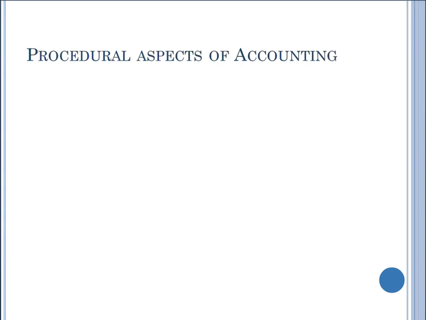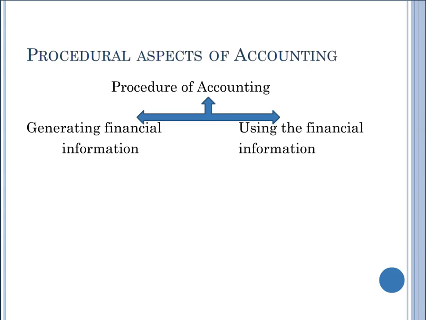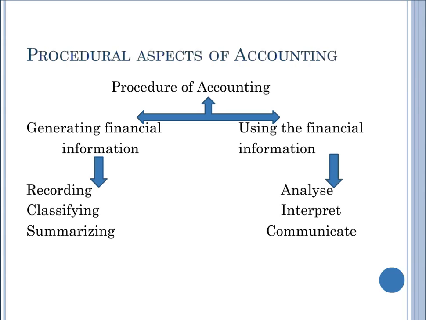So we get into the procedural aspects of accounting. It consists of two steps. First, generating the financial information. Then we have to use the information so generated. How do you generate financial information?